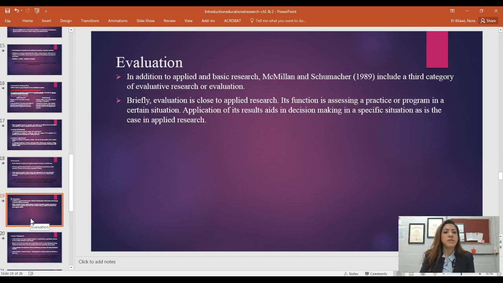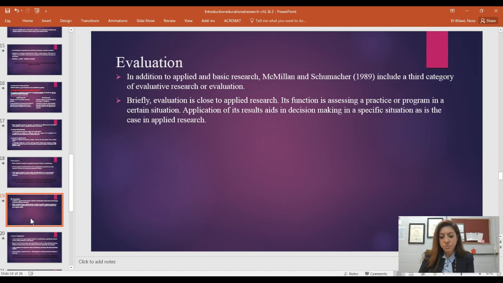Also, in addition to applied and basic research, there is a third category called evaluative research, or evaluation research. Many administrators really like to use this kind of research because they want to look at specific phenomena and then have results based on the situation. For example, students are getting results on this assessment with a specific percentage.